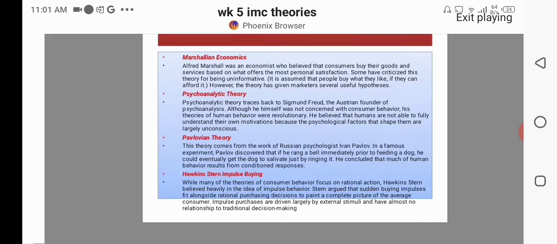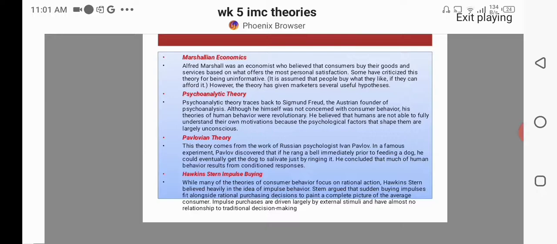As we discussed, there are several theories, but the main fourth theory is Marshallian economics theory. We will go through that and discuss it briefly. Alfred Marshall was an economist who believed that consumers buy products and services based on the offers that give the most personal satisfaction.